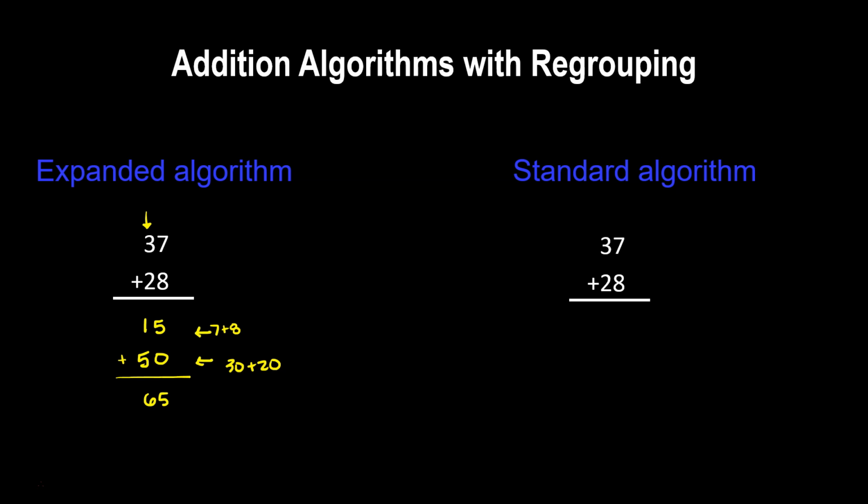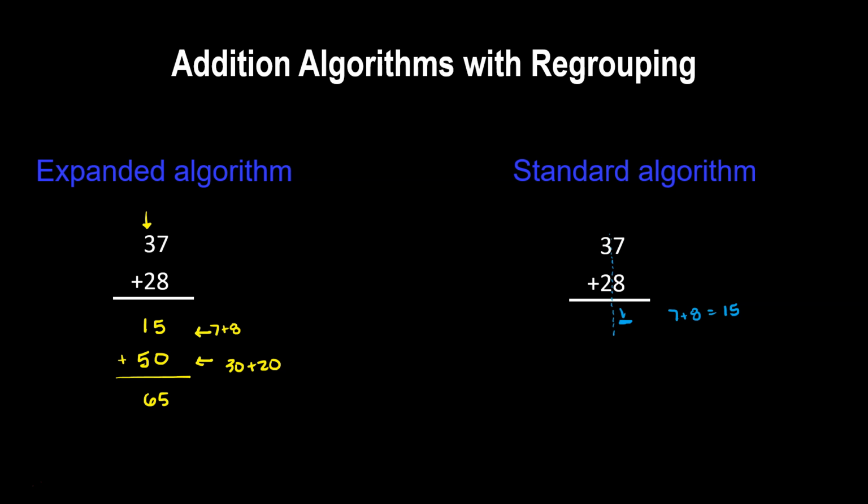In fact, using the standard algorithm, we have this technique called carrying the 1, and it's technically regrouping. When we do 7 plus 8, we get 15. But 7 plus 8 is only allowed to have a single digit in the ones place. So I can't write 15 right here.